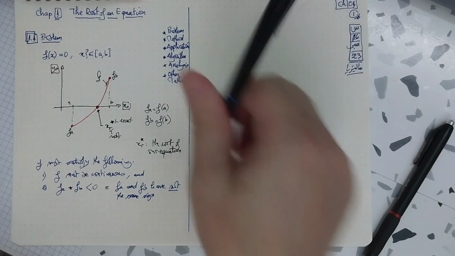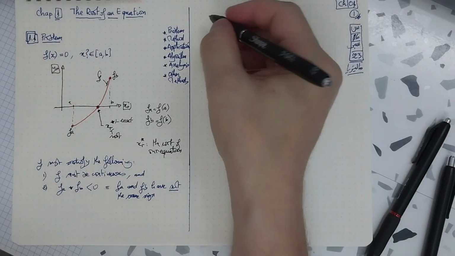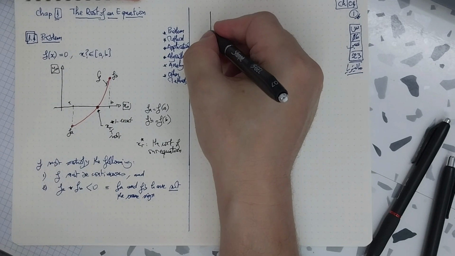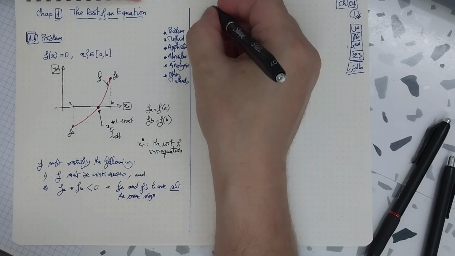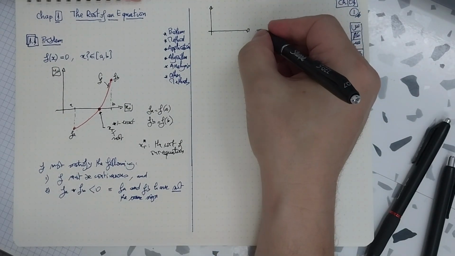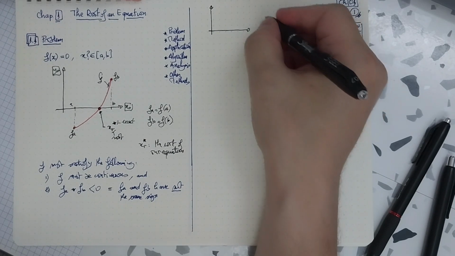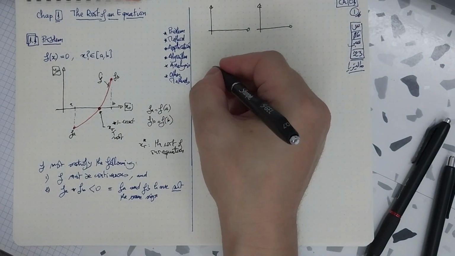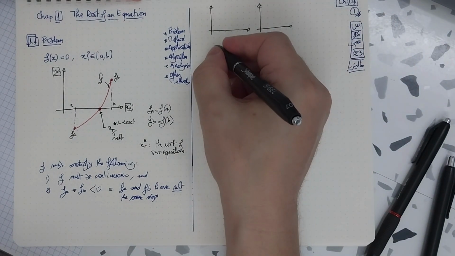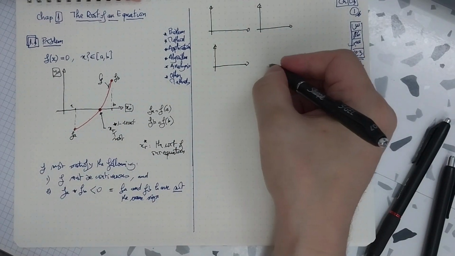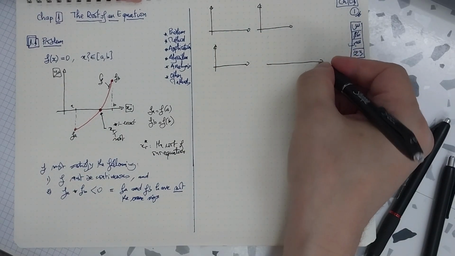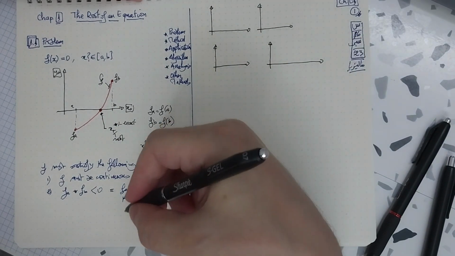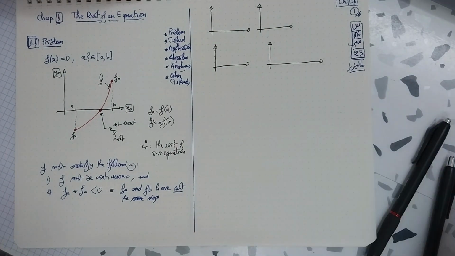Let's see several examples. Let's write x-axis, y-axis, for examples where these two conditions are not satisfied.